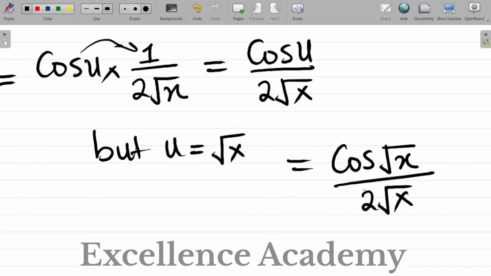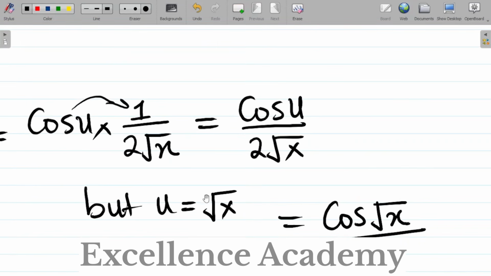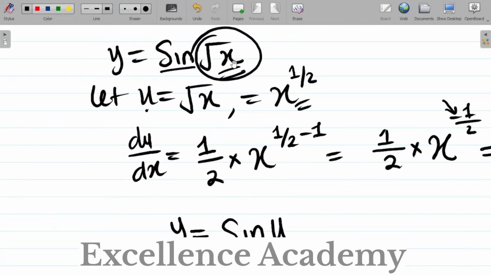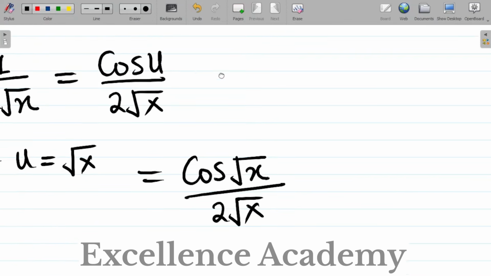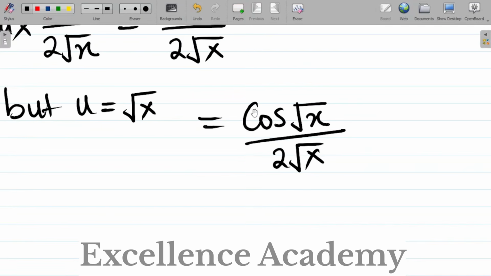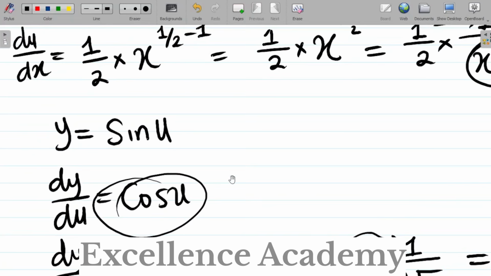So this is the value of dy/dx. What this means is that if I differentiate sine root x, I will have cos root x over 2 root x. Now let's take down this formula. Okay, so far so good.